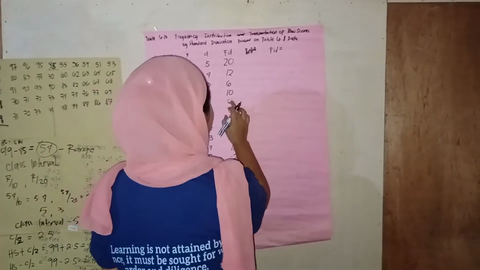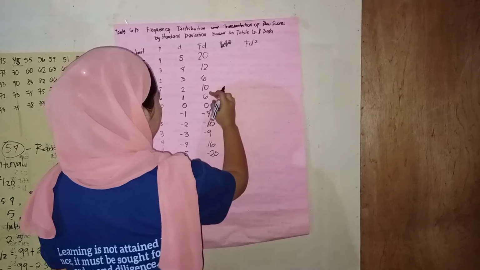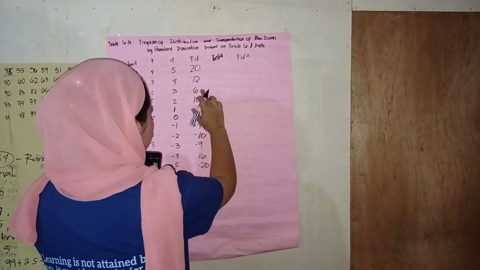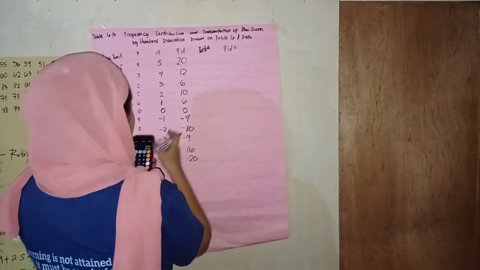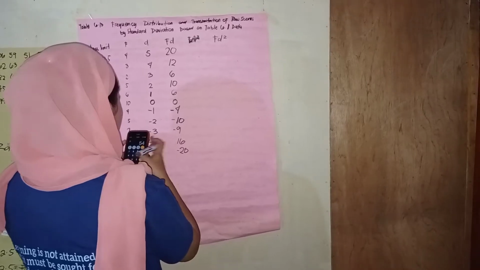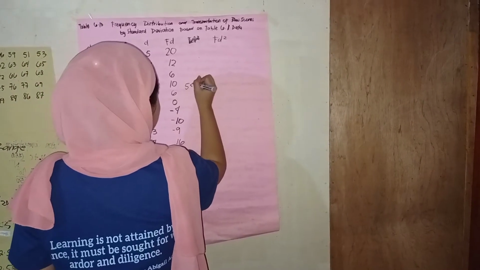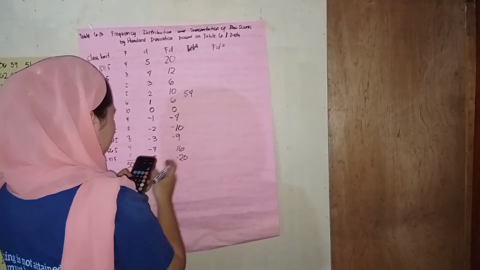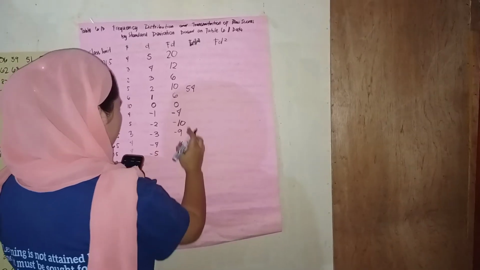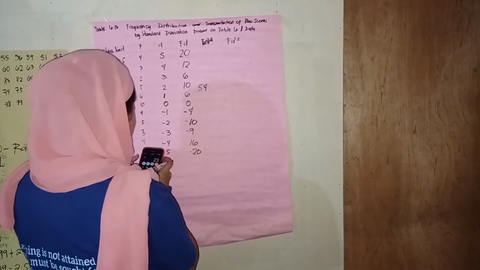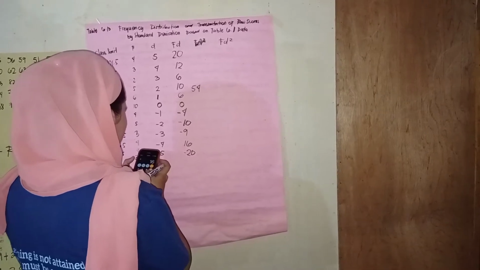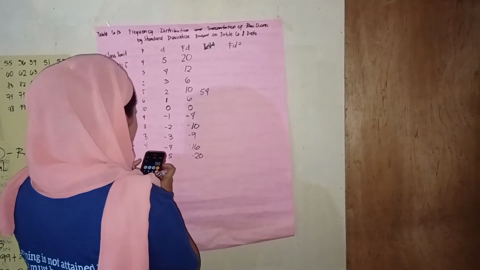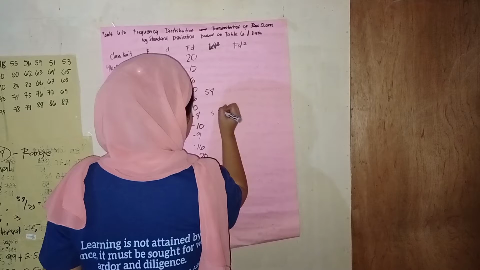So, we need to add the positive numbers: 6 plus 10 plus 6 plus 12 plus 20 equals 54. And next we need to add the negative numbers: negative 4 plus negative 10 plus negative 9 plus negative 16 plus negative 20 equals negative 59.